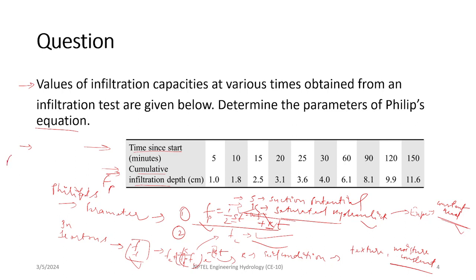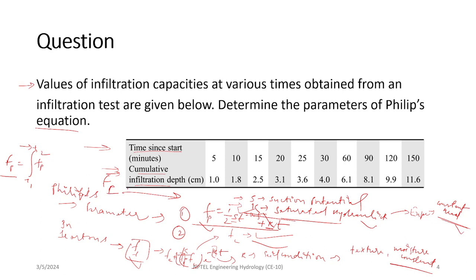Cumulative infiltration depth can only be obtained if we integrate the infiltration rate at a given interval of time. So if we have T1 to T2 and integrate it, we will get this cumulative infiltration depth. But now they are providing this value, so we have to break it down in terms of fp.